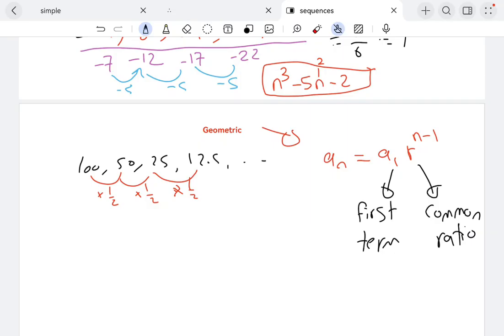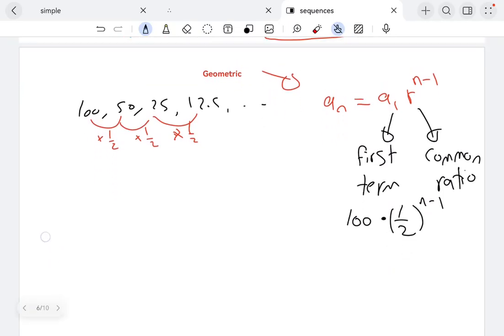Here, what is the first term? It is 100 times. You can use times by making a dot here. What is the common ratio? It's a half. Power n minus 1. That's it. Easy. I told you guys it's really easy.